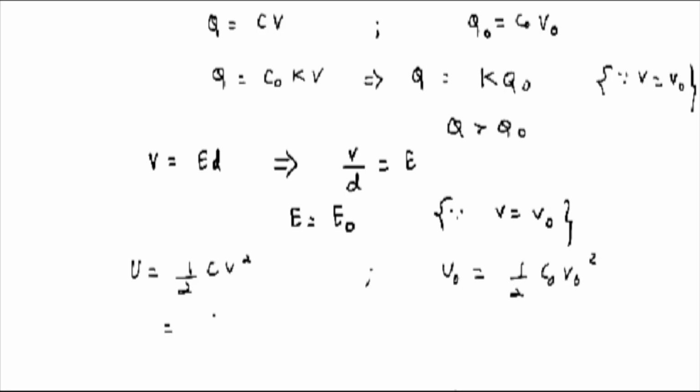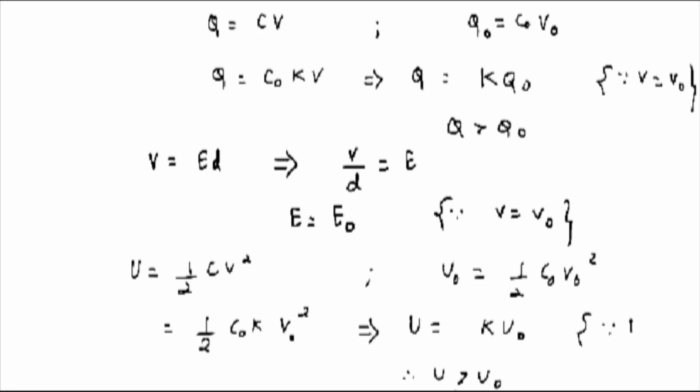Now again, instead of C we can write C naught K, and instead of V naught we can write V. So from here U can be written as half CV square, which becomes K U naught. So from here we can say the value of U is greater than U naught.